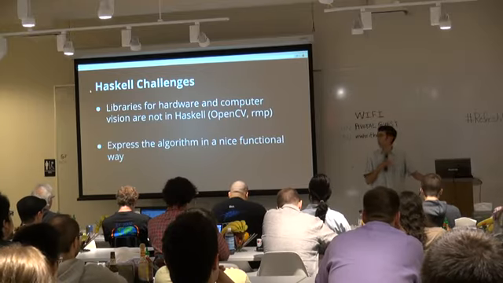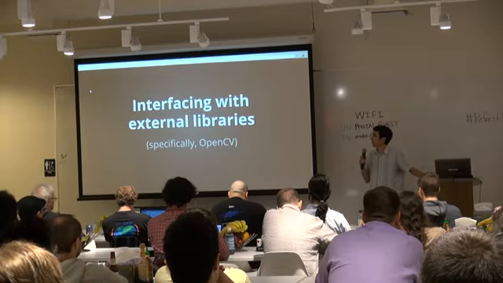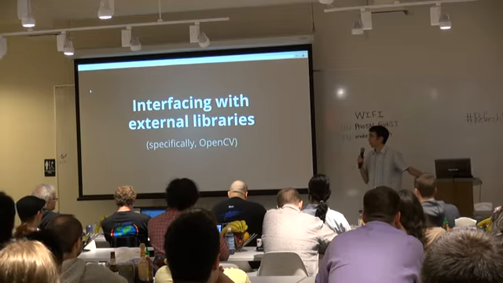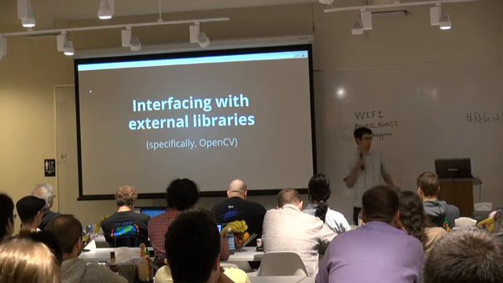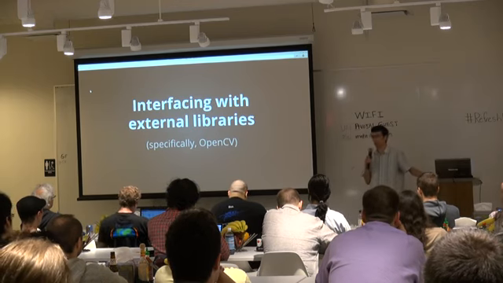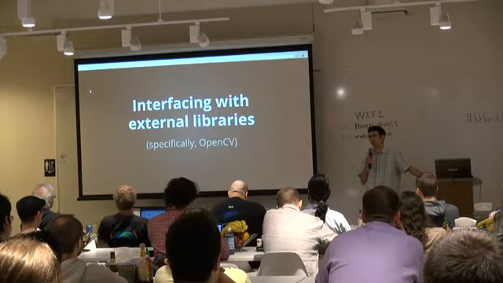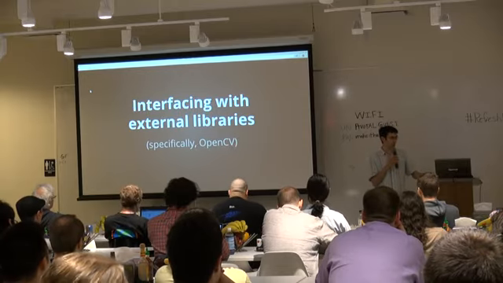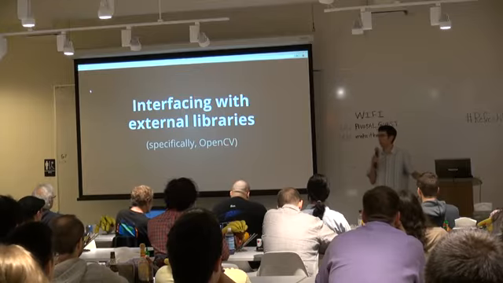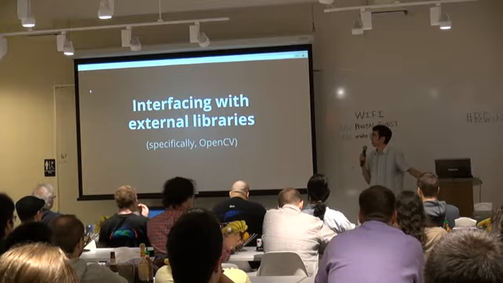So the first part of the talk will be about the FFI. I'm going to show a few small examples without delving into all the details of exactly how it's done. There's great documentation, and also the book Real World Haskell has a whole chapter about it. So if you want to learn more, those are good places to start.